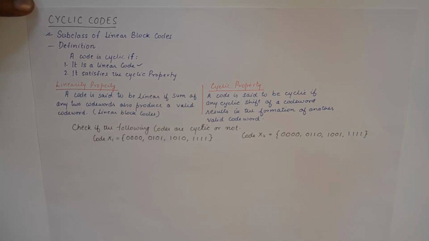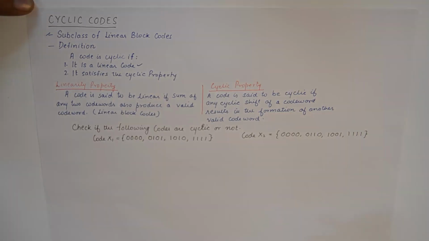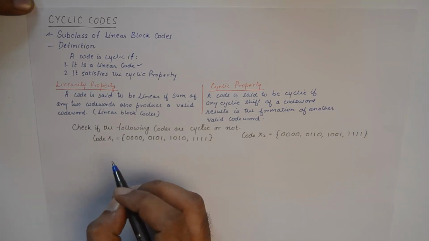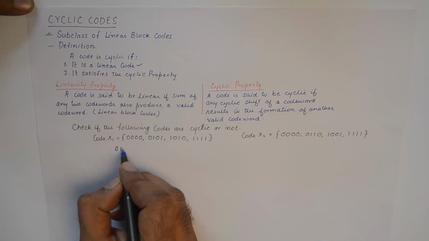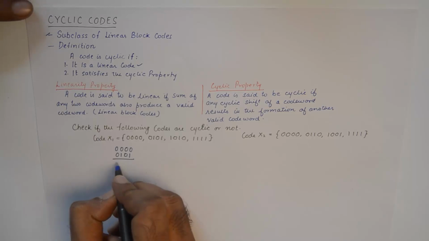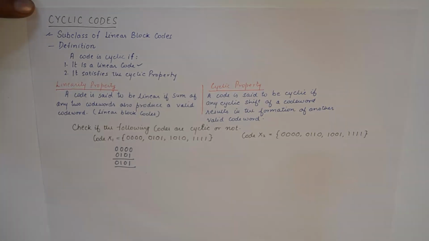So I have got two examples. We have a set of code words here, and we need to check if the following code words are cyclic or not. So these codes will be cyclic if they follow these two properties. For example, if we add up two of these numbers, they'll result in a valid code word.